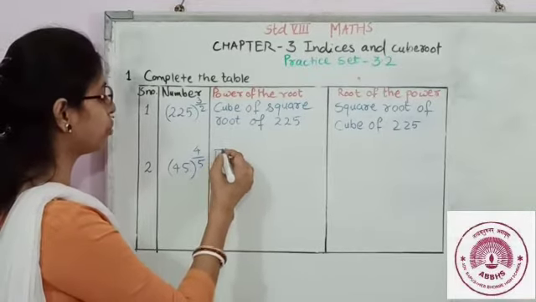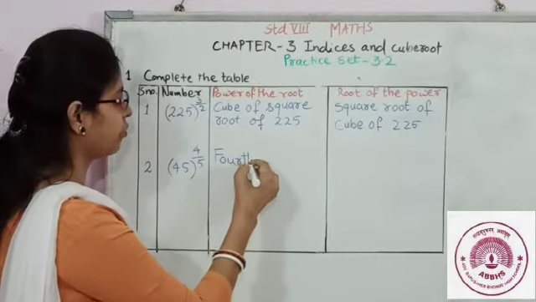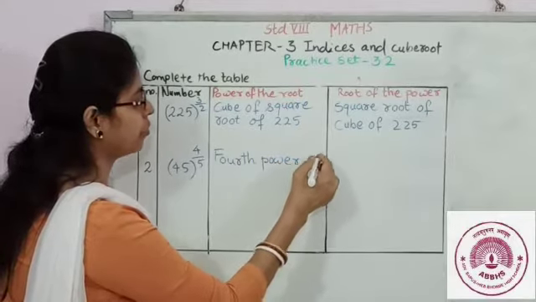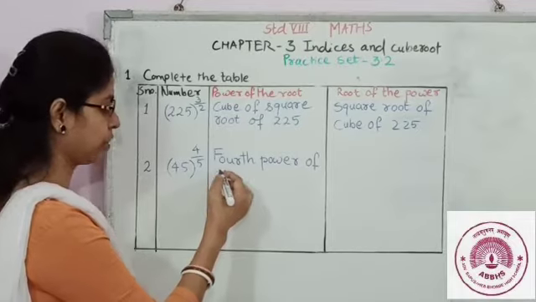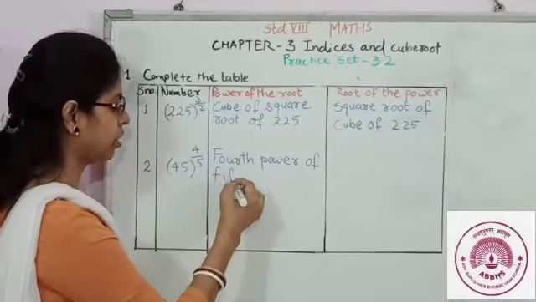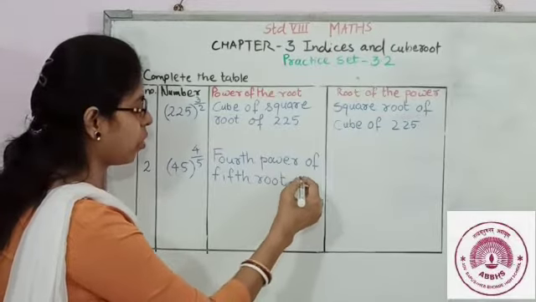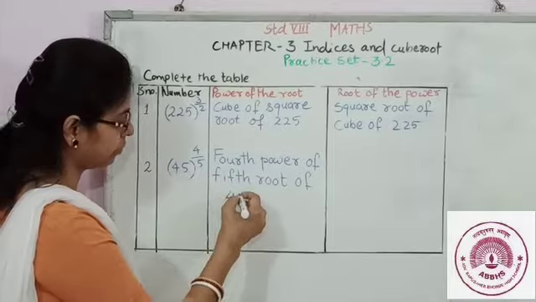So 4th power of, now what is the root here? 5th root. Okay. So 5th root of 45, the number is 45.